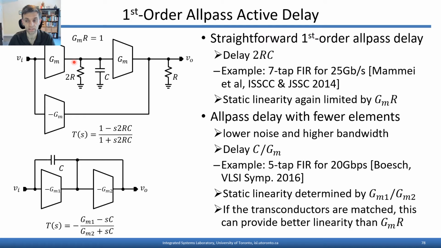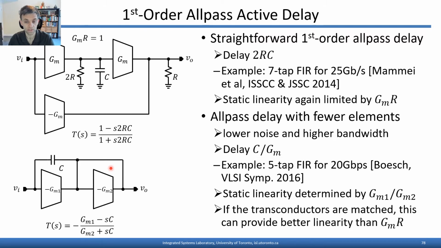So the static linearity is again limited by how constant you can make this product over wide signal swings. And since the passive delay element will always have a resistance R, it's really all about the linearity of the transconductor GM. Now, a modification of this is introduced down below. You'll notice here that there are fewer transconducting elements in the circuit.